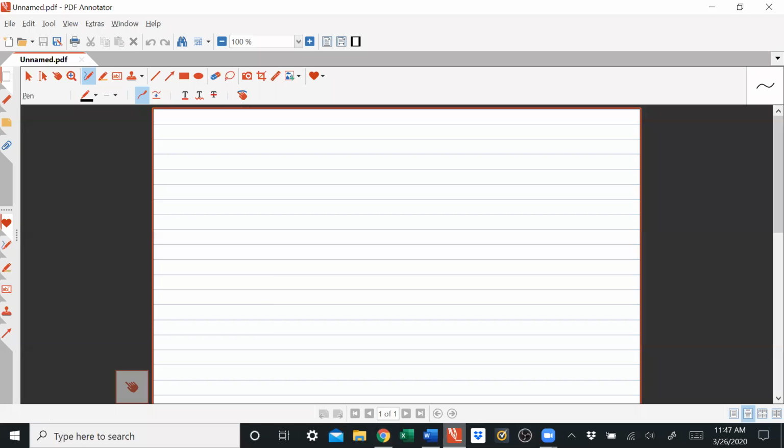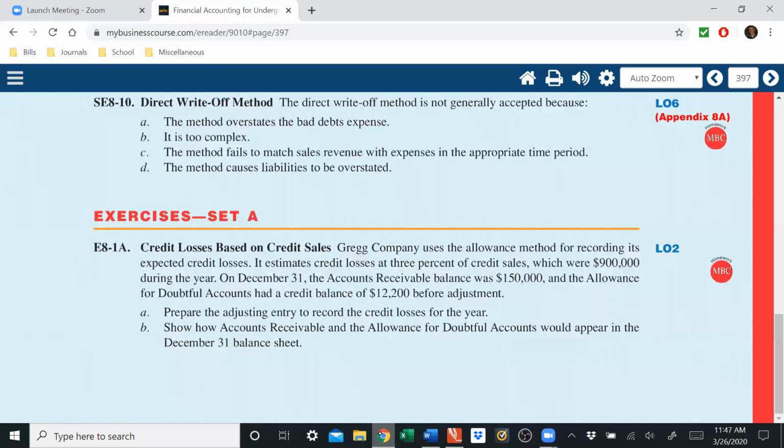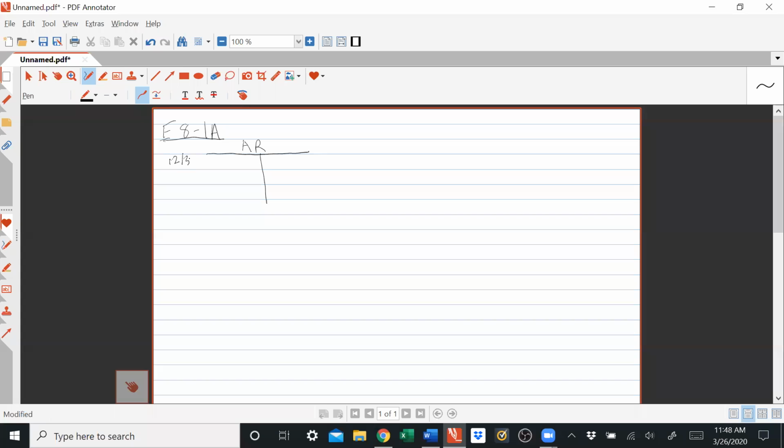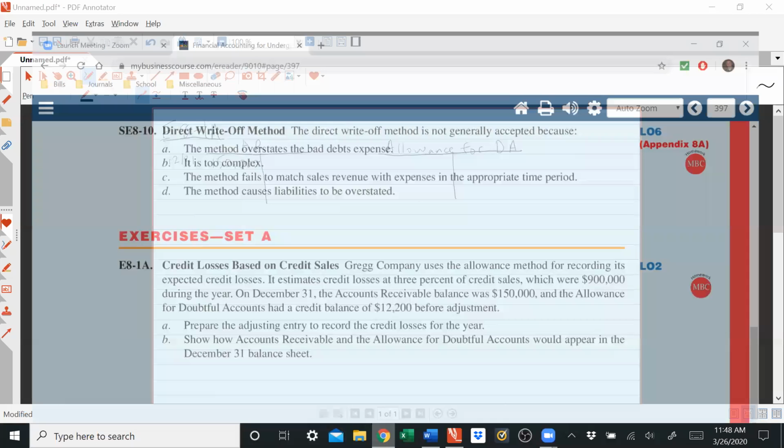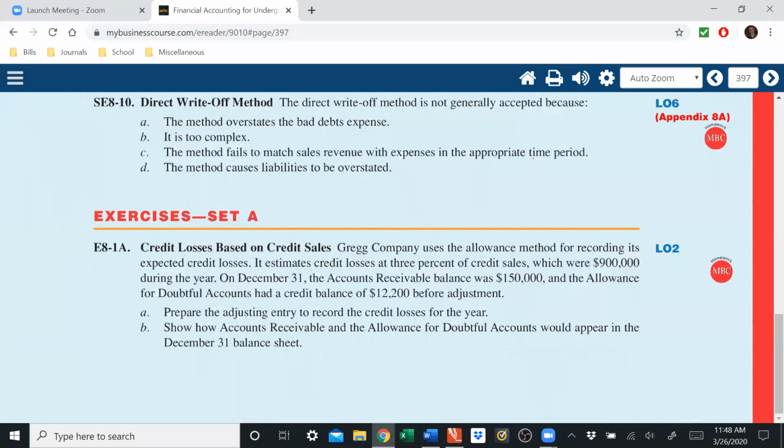So let's do exercise 8.1a here. We can do a T account for accounts receivable. You don't have to, but it just helps to see things. So accounts receivable at the end of December, the balance is $150,000. Debit balance, right? Because it's an asset. And then the allowance for doubtful accounts, T account, at the end of December has a credit balance of $12,200 before adjustment.